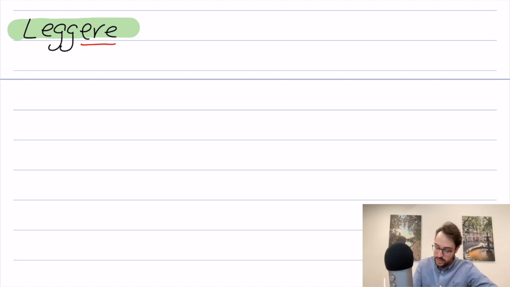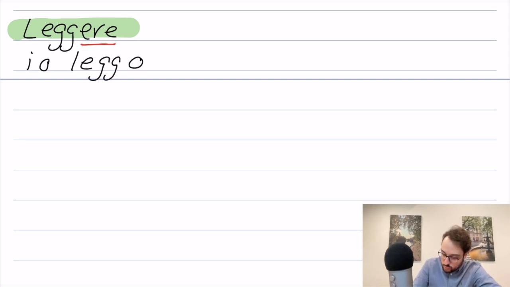Let's now do an ere verb. Let's do leggere. Leggere means to read. It ends in E-R-E. So here are the ere verb endings. We have io leggo. Tu leggi.